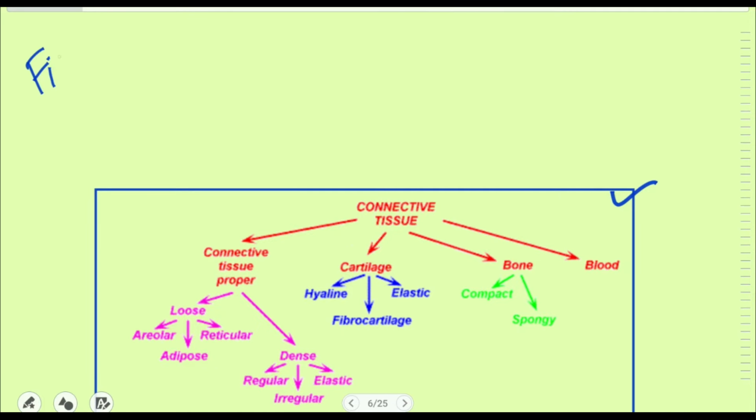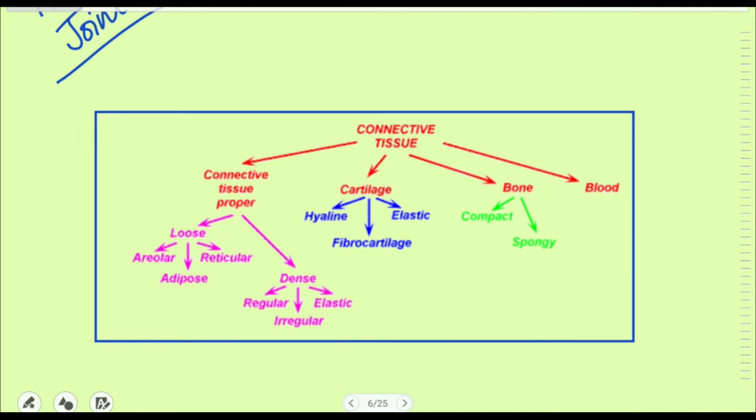Now I will demonstrate the fibrous joints. Second category that I am going to describe is the fibrous joint. Before describing the fibrous joint, look at this table. This is the table of the connective tissue classification. Connective tissue is one of the four basic tissues of the human body.